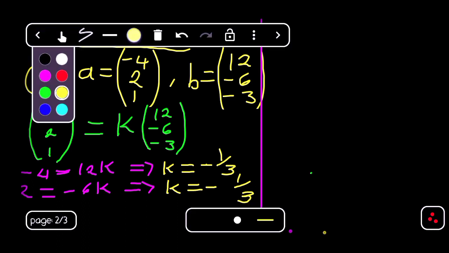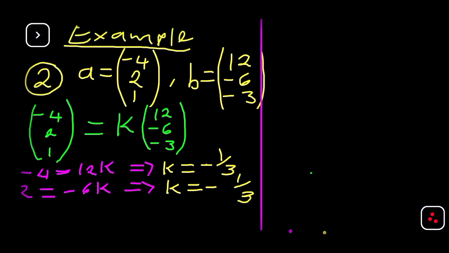Again, we form another equation, the last one. 1 is equal to negative 3k.